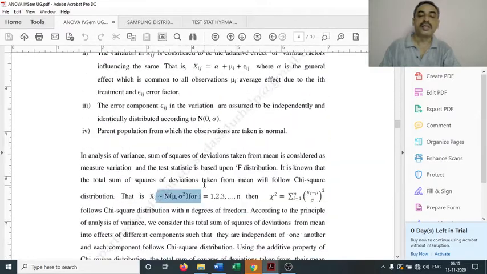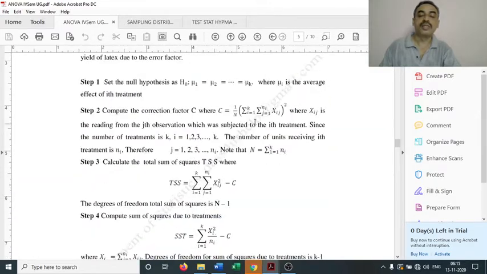Then that total sum is squared and divided by n, where n is the number of units in our study. That is known as the correction factor.